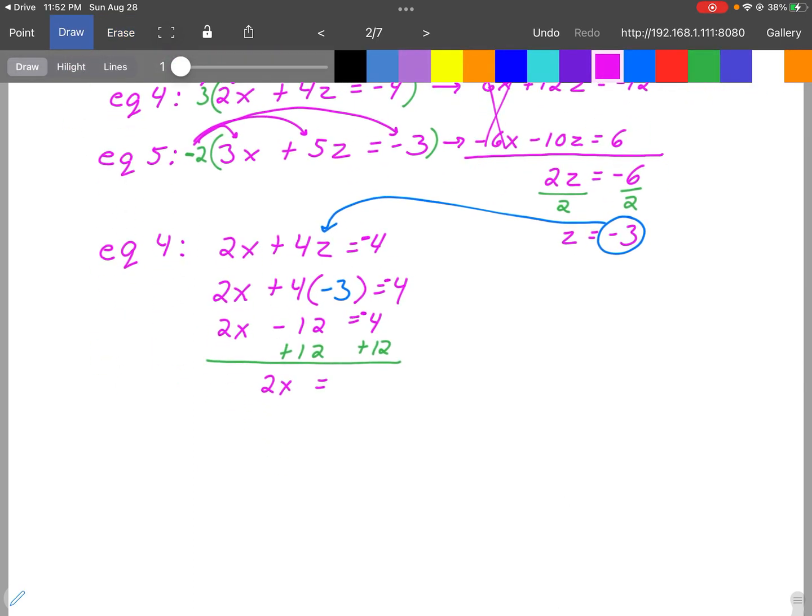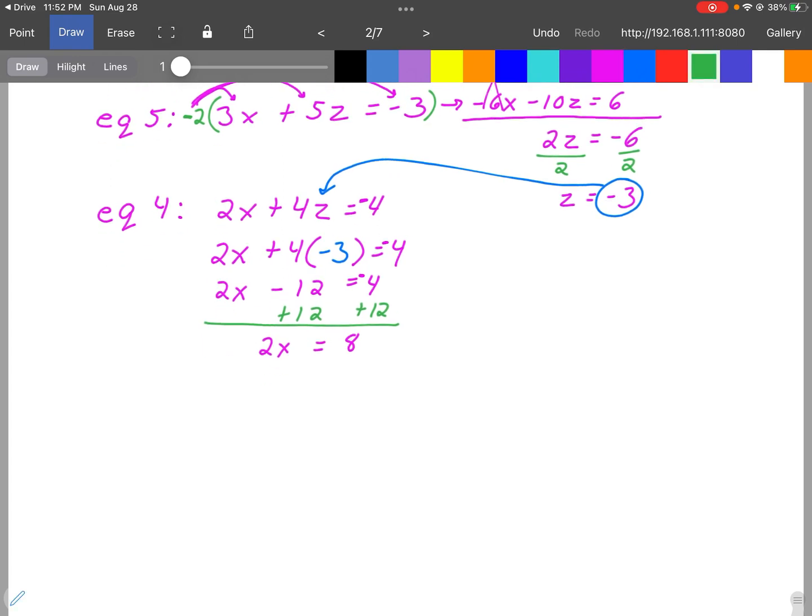Get rid of my 16 there. Okay, so then if I have negative 4 plus 12, then that's now going to give me 8. That's better. All right, so be careful when you're writing your equations. All right, now to solve for x, all I have left to do is divide by 2. All right, so that means that x equals 4.